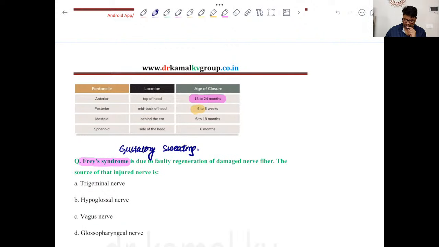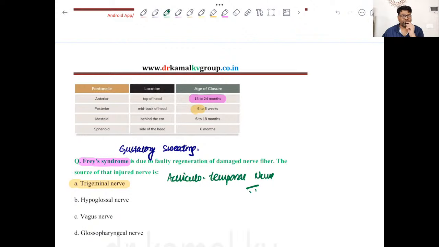You are absolutely right. This is the auriculotemporal nerve, and the auriculotemporal nerve is coming from the trigeminal nerve. Yes, so this is about the auriculotemporal nerve. Perfect. Right? Yes, Sneh, you are absolutely right.